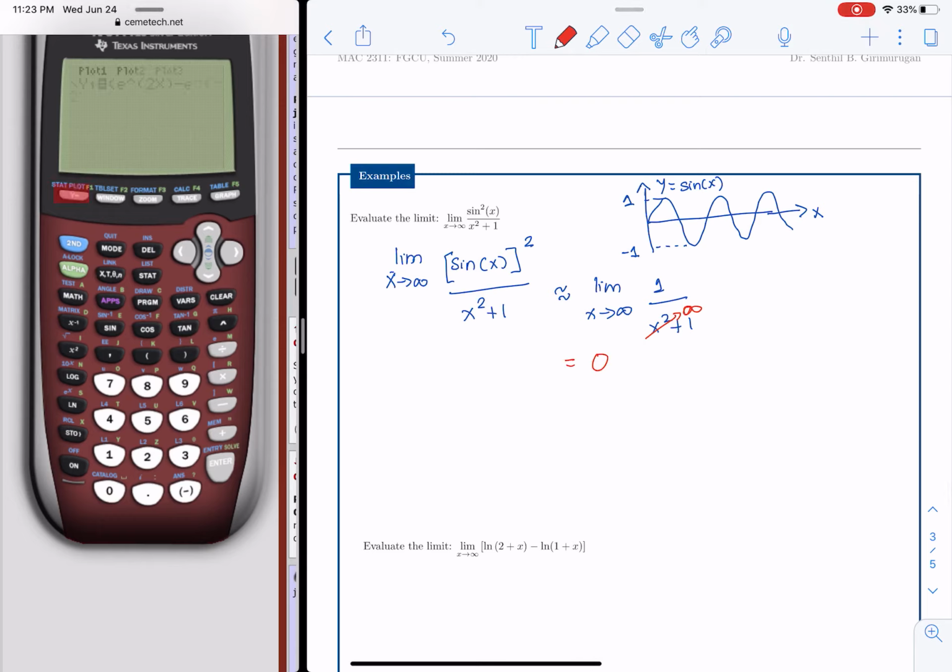Let's see if that is true. So what we have in the numerator is sine x squared, divided by x squared plus 1. Have to be careful here. Have to adjust the window.